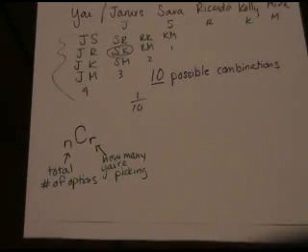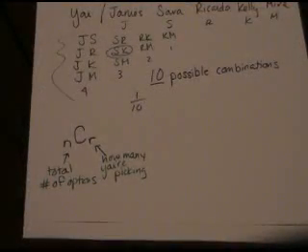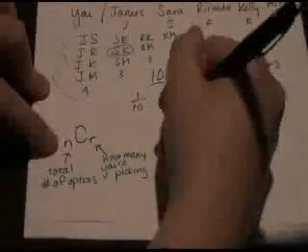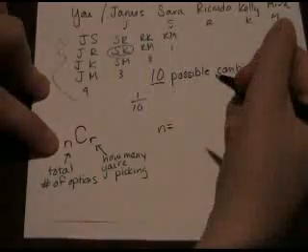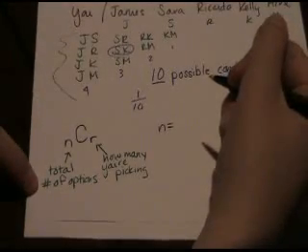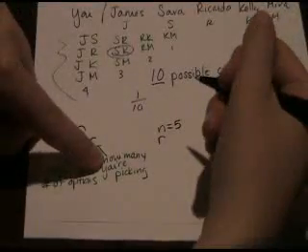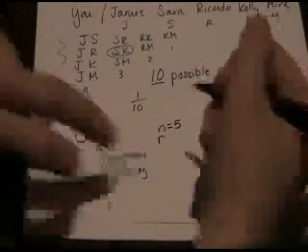Okay, so let's just make sure this works with what we already know is correct. So, for our example, our n was how many options we had. Well, we had 5 of our friends to choose from. And we got to pick 2 of them to come with us. So r equals 2.